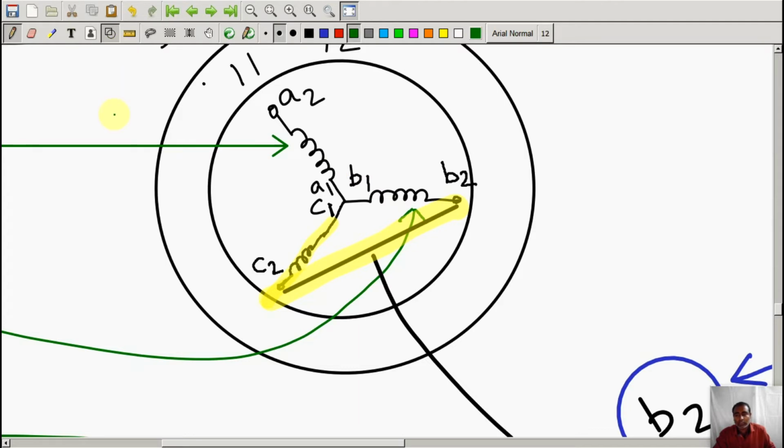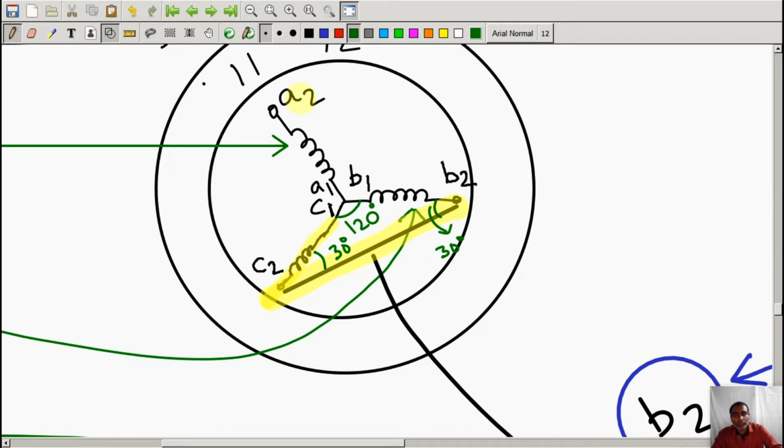So you see here, this angle is actually 120 degree, right? This angle is 120 degree. These two angles are equal, so this will be 30 degree, this will also be 30 degree, right?